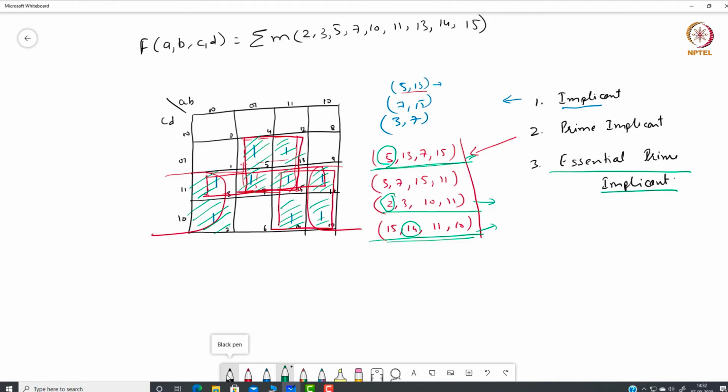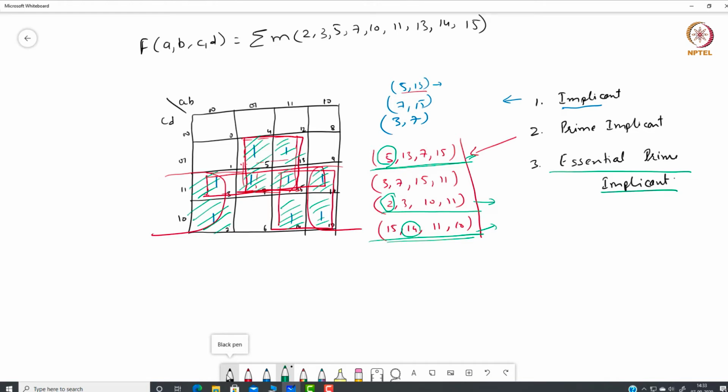Because of this 14, 15, 10, 11, these are covered. So in this particular example, if I take all these 3 essential prime implicants, they are sufficient to cover all the min terms, so they form our final solution.